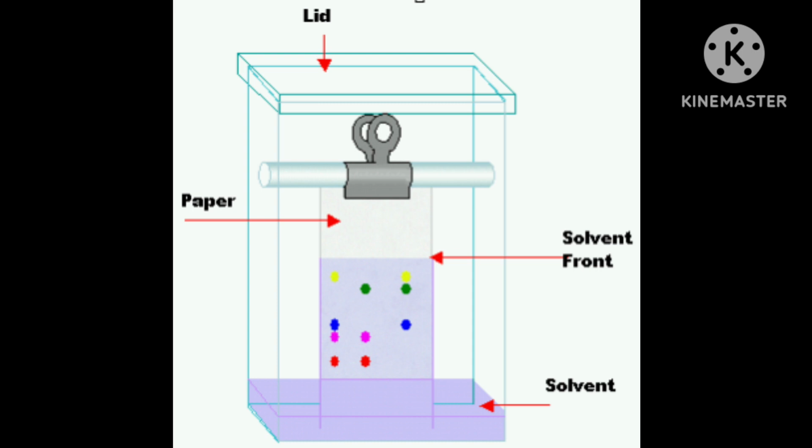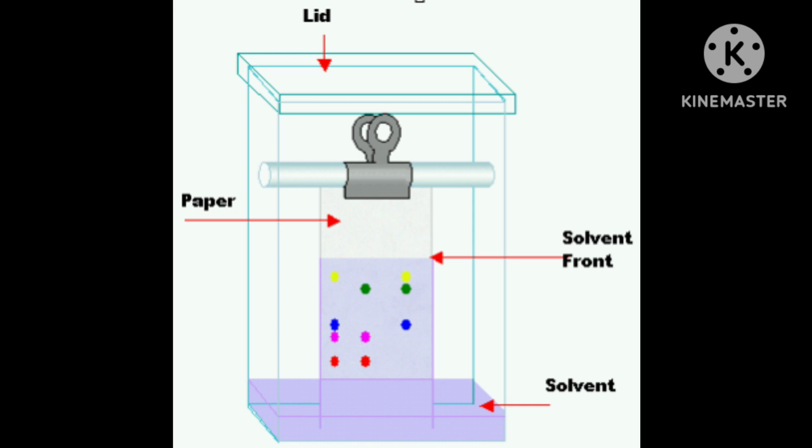Now after that, what will you do? This plate is known as a thin layer chromatography plate, also called a chroma plate.